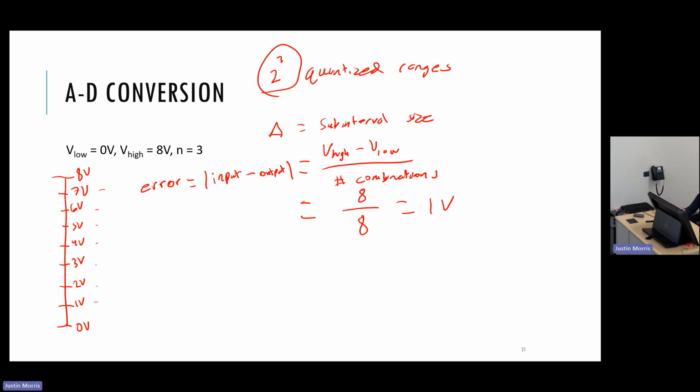So there's always going to be this error. And this error, because we are stepping by 1 volt each time, is going to be bound. The smallest it can be is 0. So if our input is exactly 1 volt, we can output 1 volt, right?